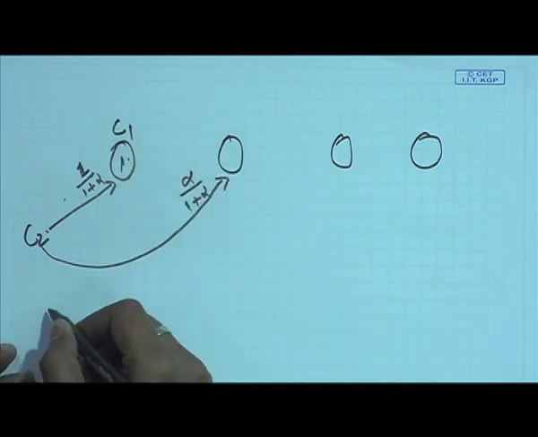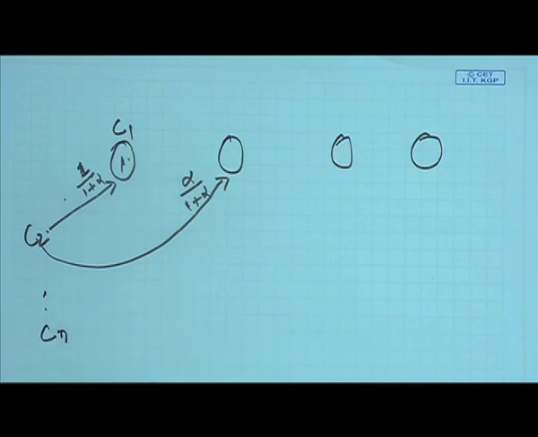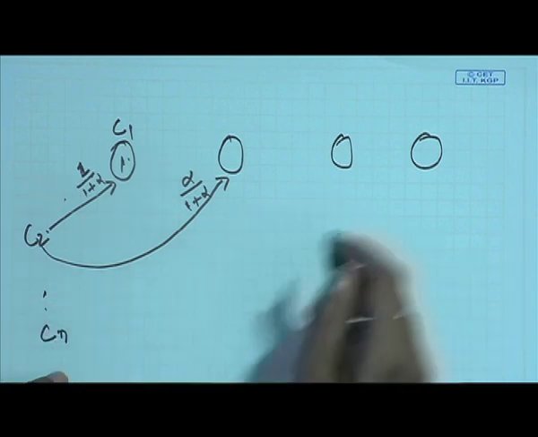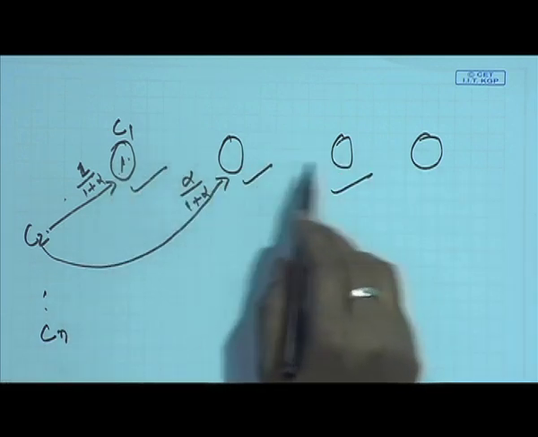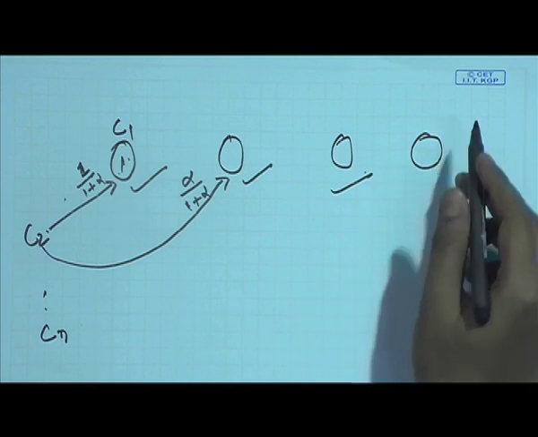Now, when a new customer comes in, at a certain point Cn, suppose these tables are occupied. It can sit either at the occupied tables or at a new table.